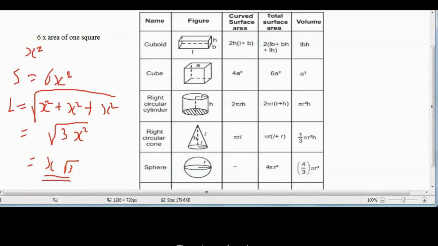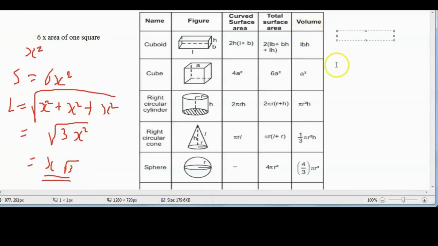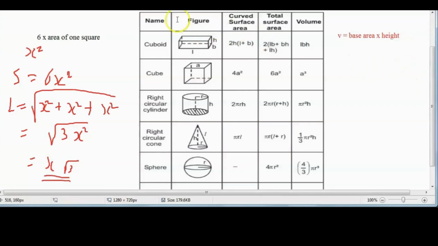The volume of a cube, V, is base area times height. That's the formula for calculating the volume of a cube. But the base area is x squared and the height is x.